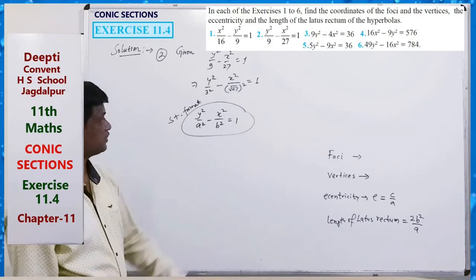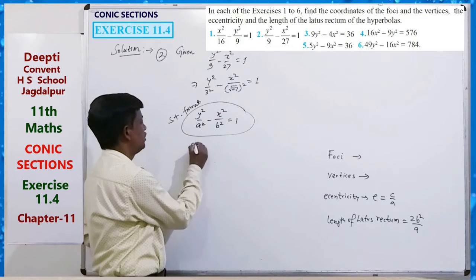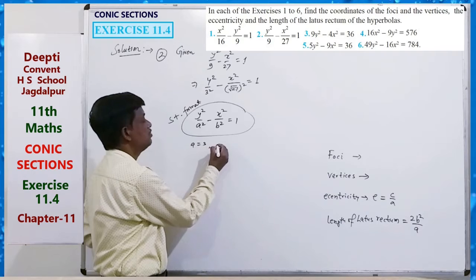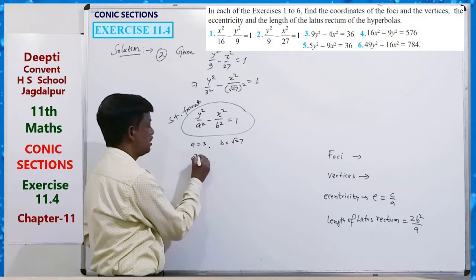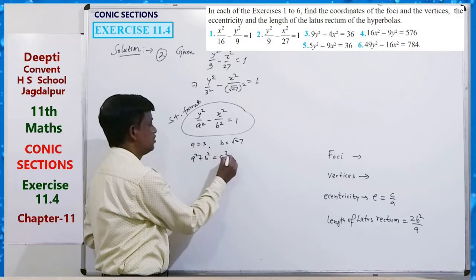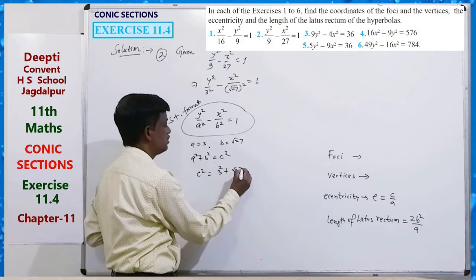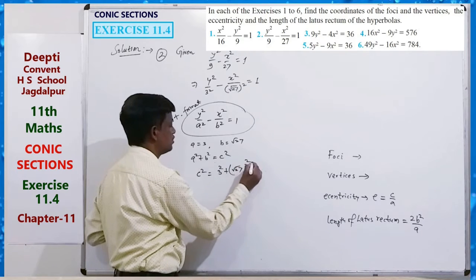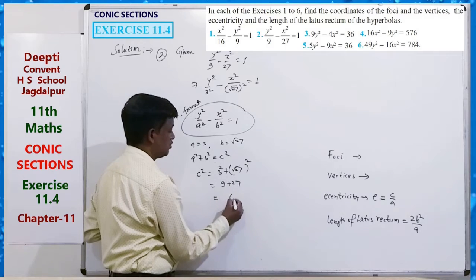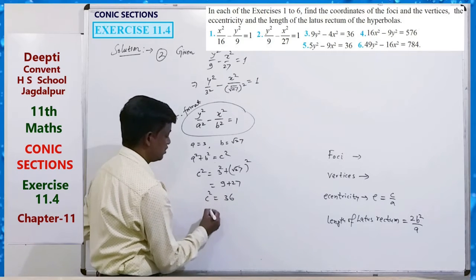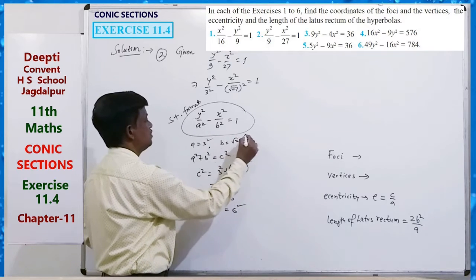On comparing, a equals 3 and b equals root 27. Now we have to find c square. c square equals 3 square plus root 27 square, equals 9 plus 27, which is 36. So c equals 6.